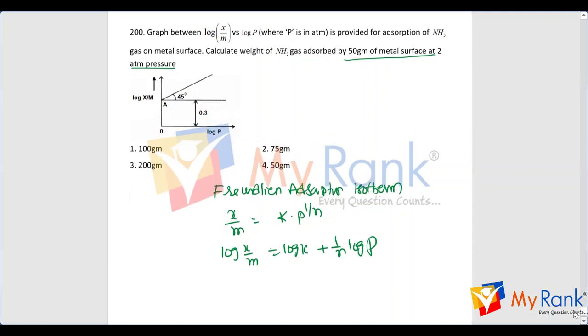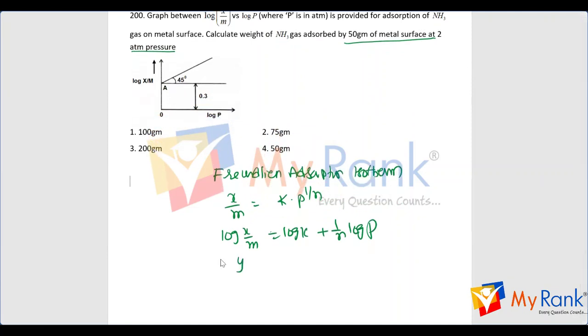This equation is of the form y is equal to mx plus c. The intercept c is 0.3. Therefore, log k is equal to 0.3 and p is equal to 2 atmosphere. The slope m is equal to 1 by n, which is tan 45 degrees, equal to 1.